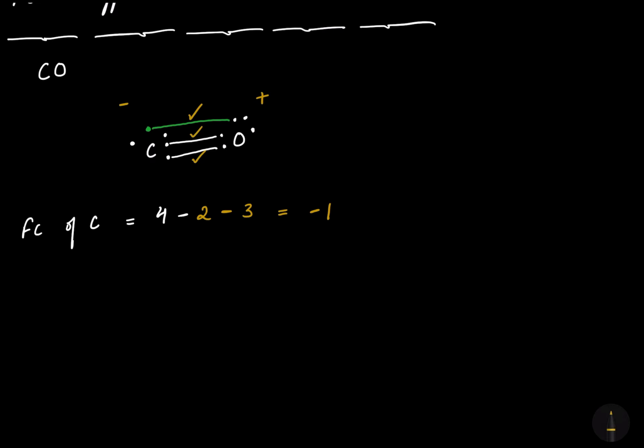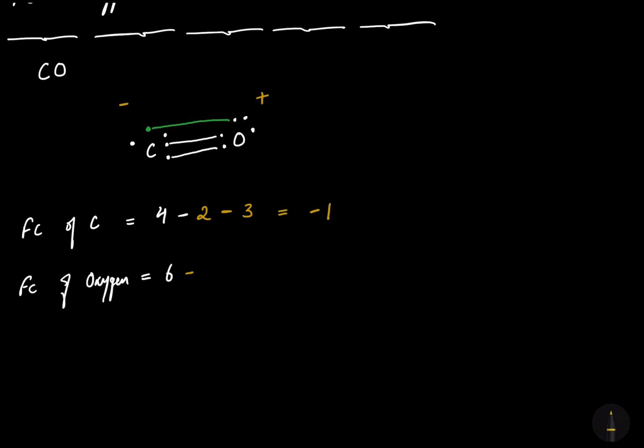Now let's calculate the formal charge of the oxygen. How many valence electrons does oxygen have? It's 6. Minus the number of non-bonded electrons of oxygen.